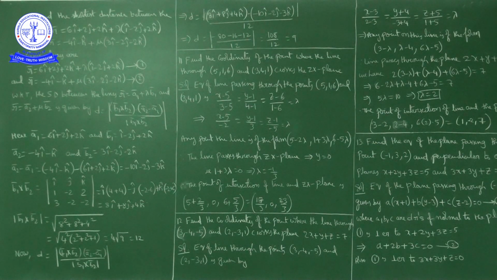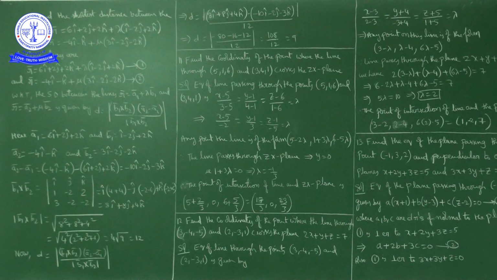Now, two lines are given, and we have to find the shortest distance between these two lines. What are the given lines? The first line is r bar is equal to 6i cap plus 2j cap plus 2k cap plus lambda times of i cap minus 2j cap plus 2k cap. So the first line is passing through the point (6, 2, 2) and parallel to the vector i cap minus 2j cap plus 2k cap.